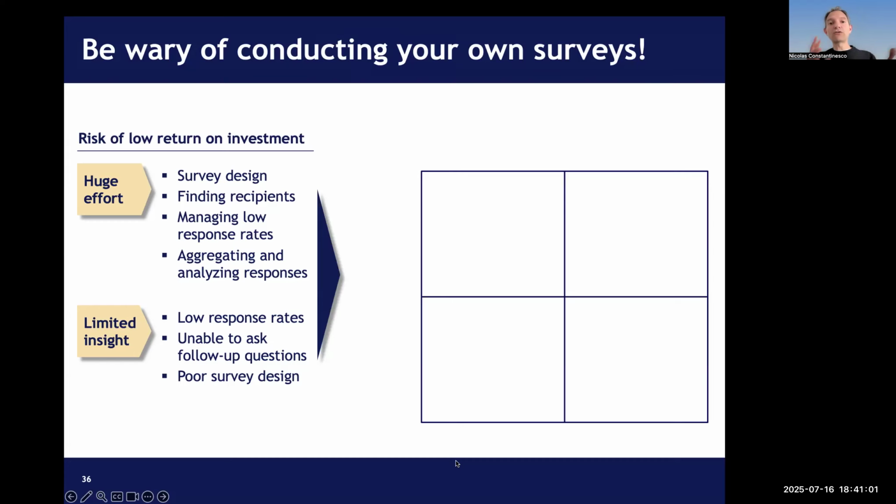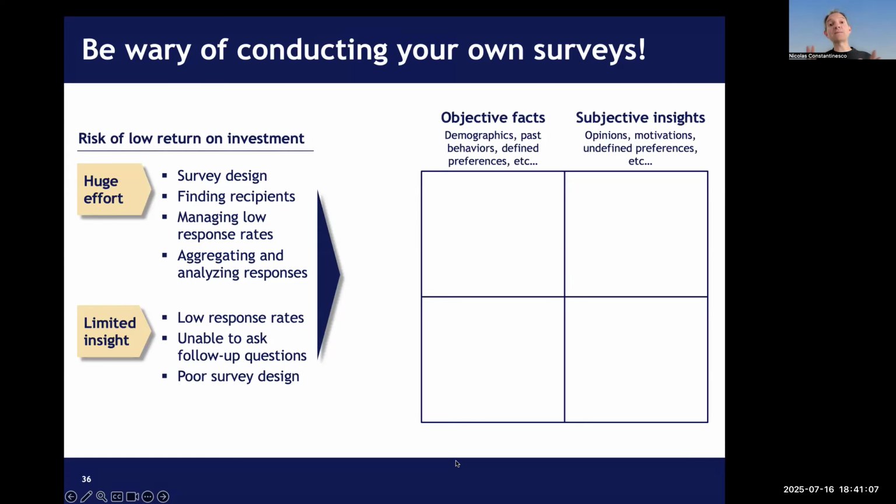So basically, you can conduct a survey to do two kinds of things, either just to get objective facts or to get subjective insights. If you want to get objective facts, then there's a question about do you want to quantify that, or do you simply want to extract them from people's minds?